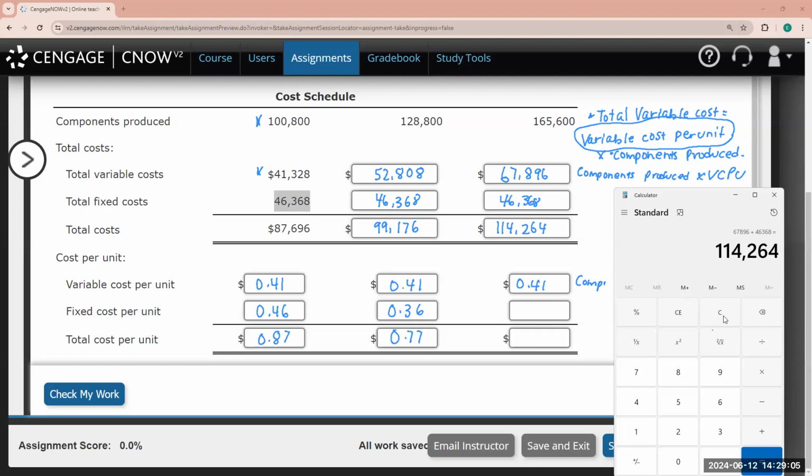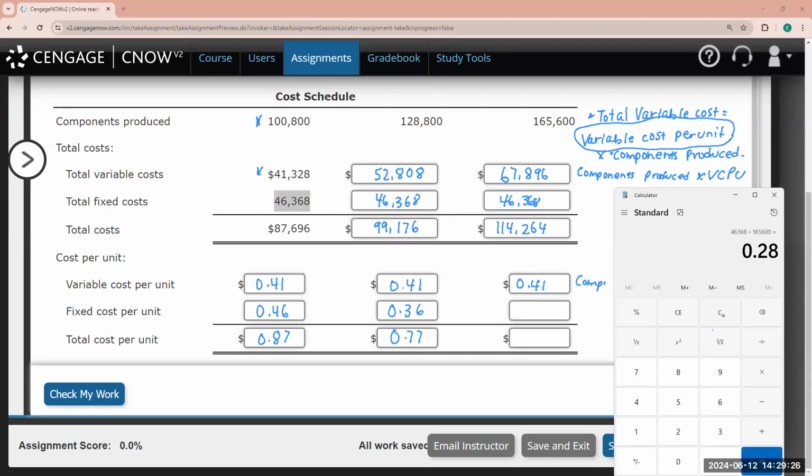So now for the next part of the problem, we need to determine our fixed cost per unit. As we mentioned, now instead of having 128,800 guests, we have 165,600 guests. So our fixed cost of $46,368 we divide by our components produced, which is 165,600.